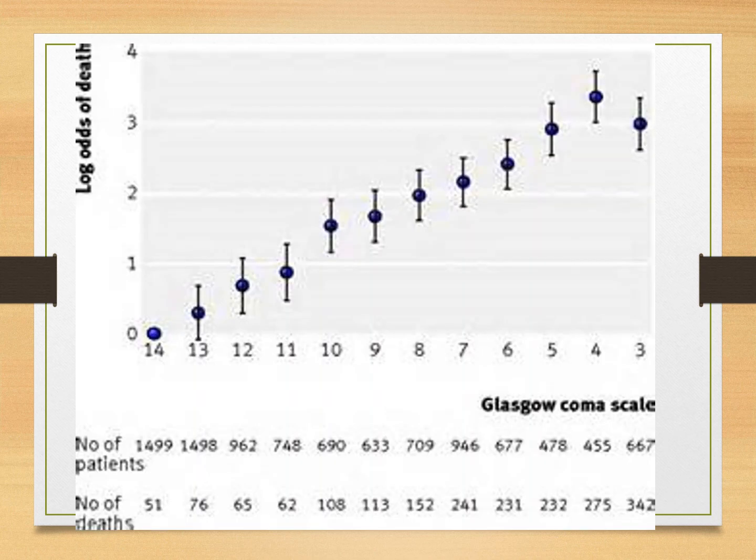When I was talking about earlier how a 3 is better than a 4 or 5, this scale here shows the number of deaths when somebody is posturing. So a GCS of 4 has a higher level of death than the GCS of 3. The GCS of 5, which could possibly be your decorticate posturing, has the same amount of deaths as a person that has a GCS of 3.